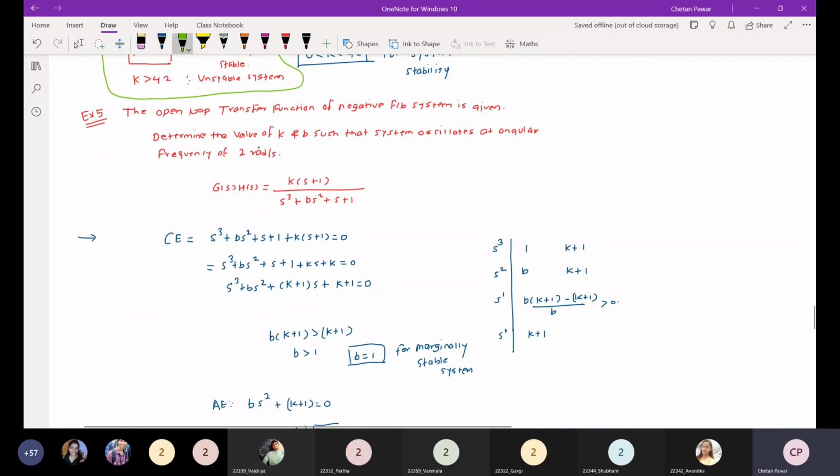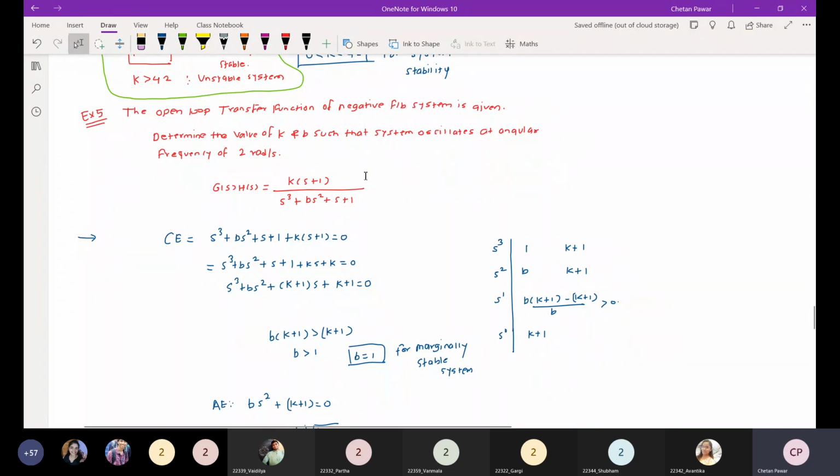Here the open loop transfer function of a negative feedback system is given, and they have asked us to find the value of k and b such that the system oscillates at an angular frequency of 2 radian per second. What is given here? The open loop transfer function, G(s)H(s) is equal to k(s+1) upon s cube plus b s square plus s plus 1.